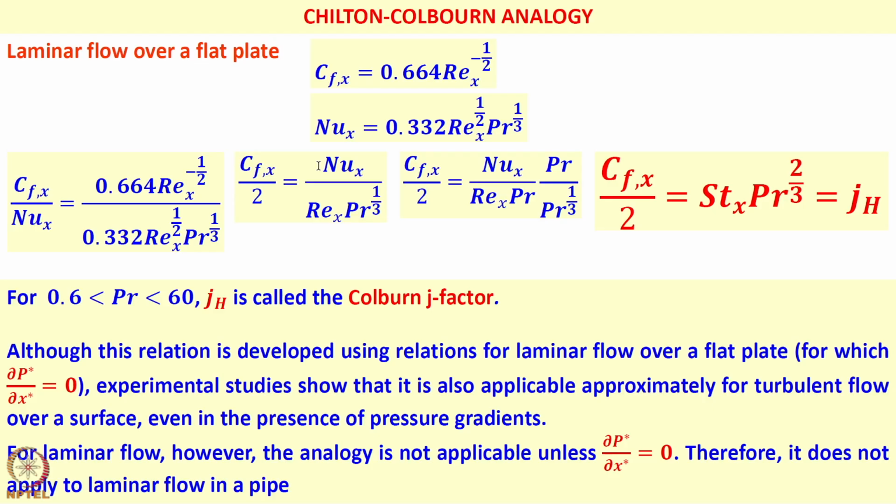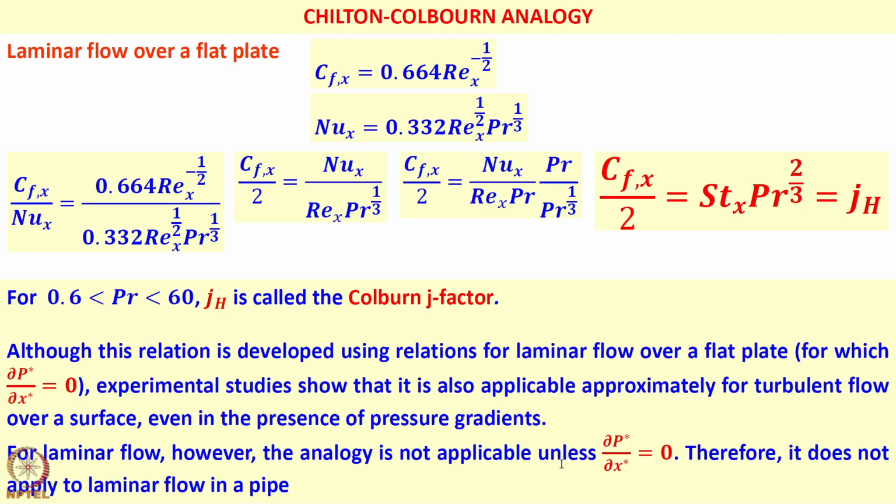This is a point to note: it is developed using relations for laminar flow over a flat plate for which the pressure gradient term is 0. Experimental studies have shown that this is also applicable for turbulent flow even in the presence of pressure gradients. For laminar flow, the analogy is not applicable unless dP by dx equal to 0. Therefore, it does not apply to laminar flow over a pipe. Why?